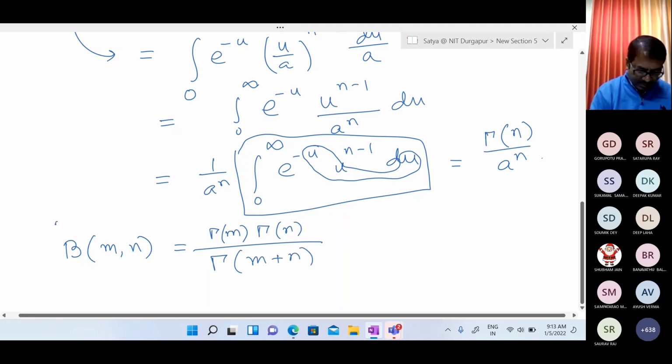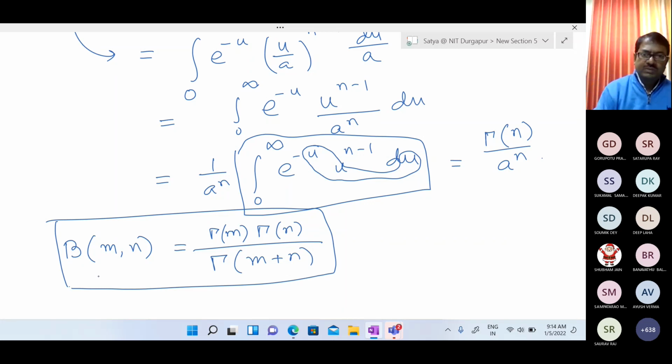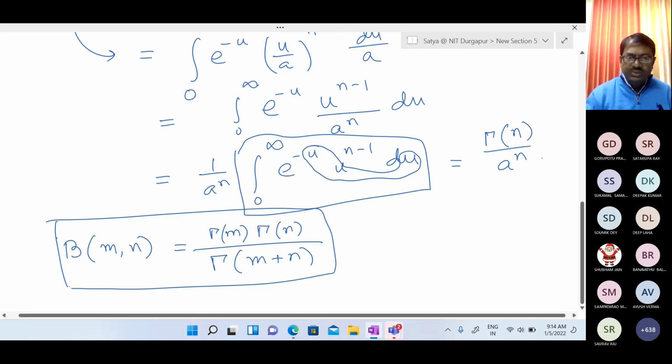That means this is a relation between gamma and beta. Suppose you know one function, you can convert to the other function from here. So we can shift from beta function to gamma function. This is our target, but to prove it we need some tools, and we are going to prove those tools.